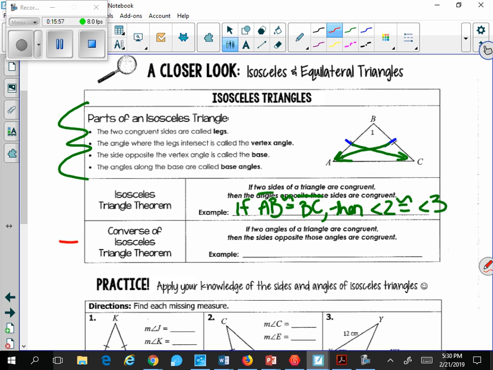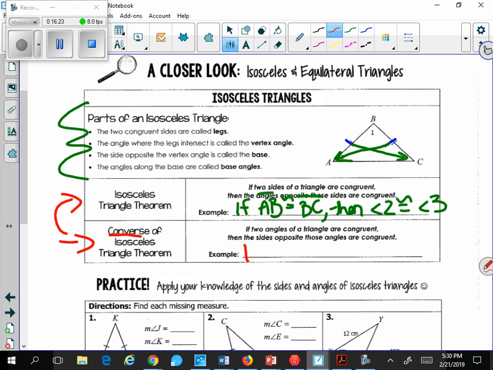The next thing is pretty much the exact same thing. And we'll talk about what this word converse means in the next unit. But converse basically just means we're taking this thing up here and flipping it backwards, but the outcome is the same. Instead of having two sides congruent, we're telling you two angles are congruent. And if that's the case, the sides opposite those angles are congruent.